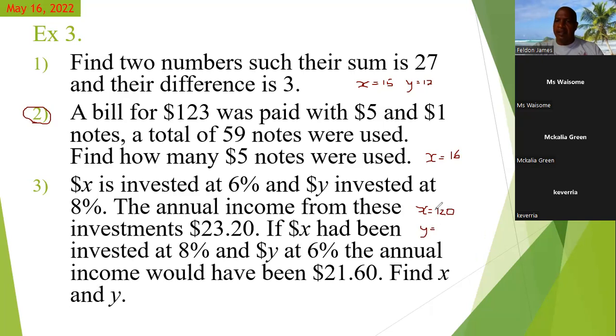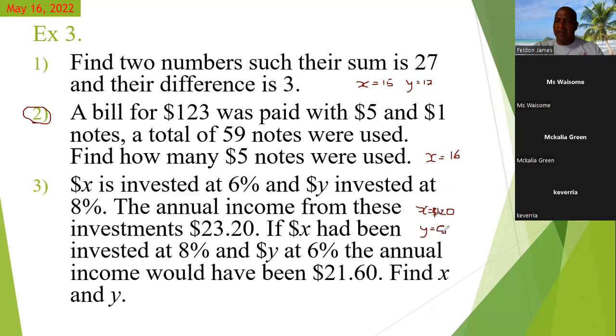So if I have 120 here, it means that I would have converted it to cents. And if it is dollars, then you have to put the decimal point here.